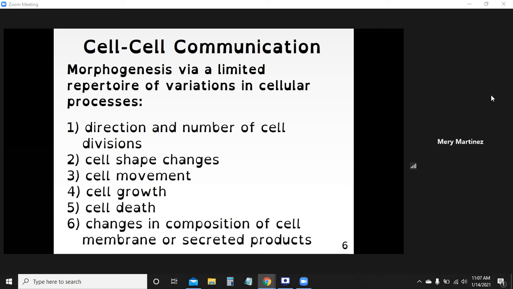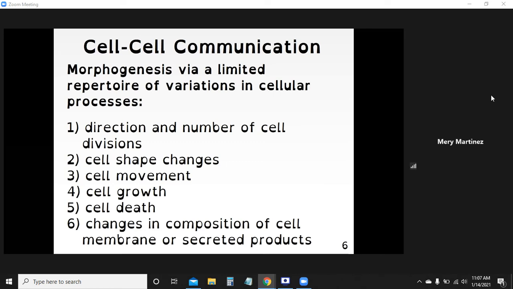Even though we don't like to think about the death of some cells, as I explained on Monday, it is important. We need programmed cell death in order to open up some cavities and things like that. And finally, changes in composition of the cell membrane or secreted products.